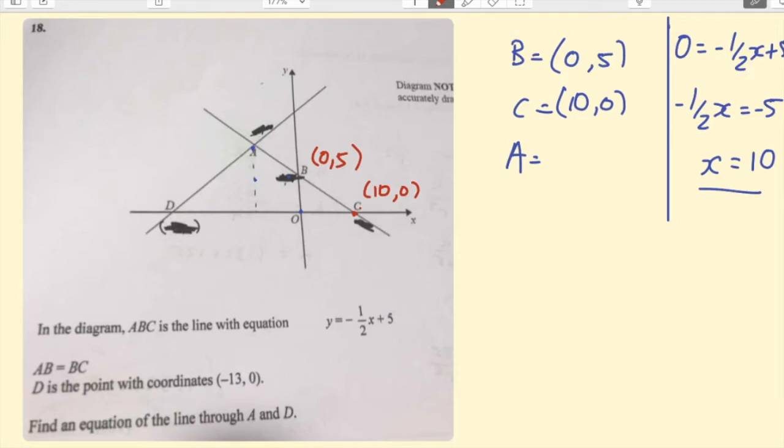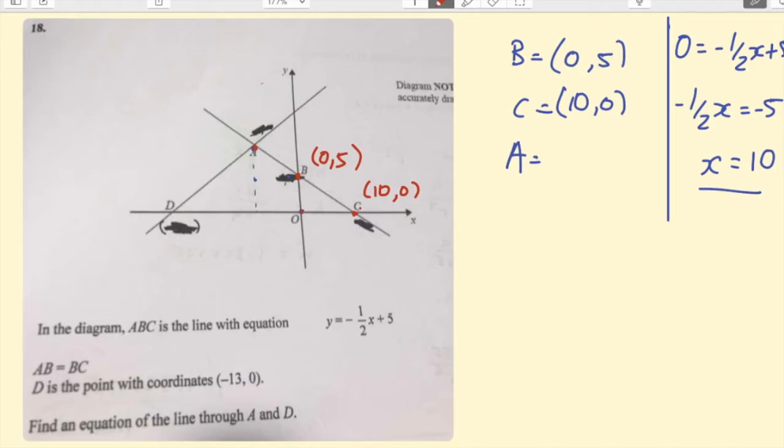And then if I go up 5 units, I'm at B. So I've gone 10 units left and 5 units up to get to B. So how can I get to A from B, do you think? Keep in mind that AB and BC are the same length.